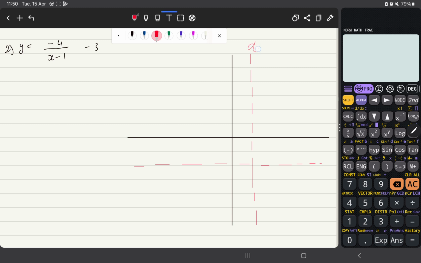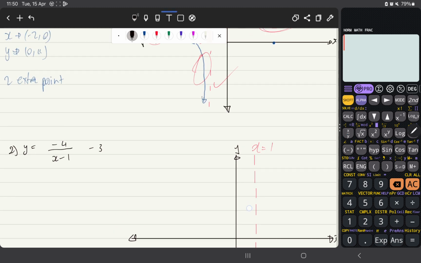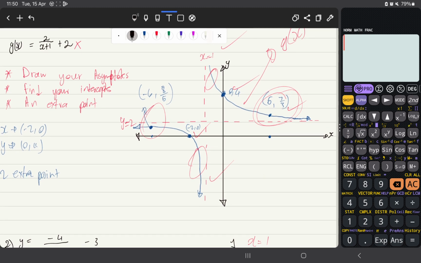Right, this is x equals 1, this is y equals minus 3, and this is the y-axis, this is the x-axis. So also now there's something I didn't mention. My a here was positive, so I knew that my graph was gonna look something like this, right? They were gonna look something like this.